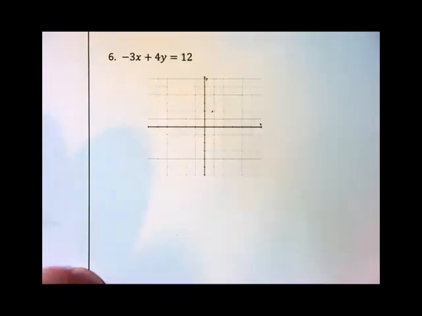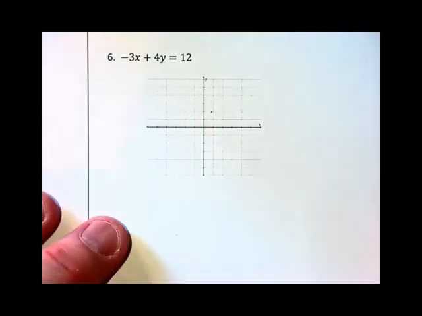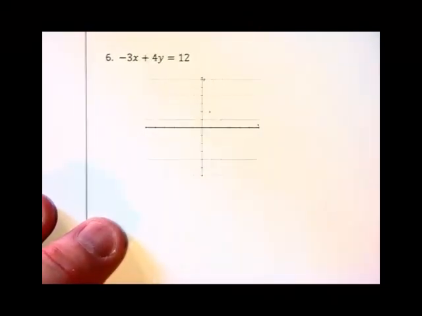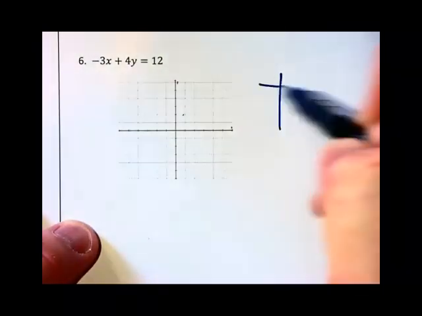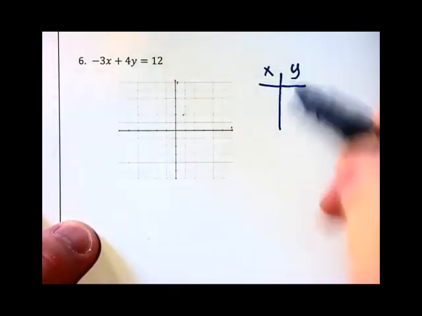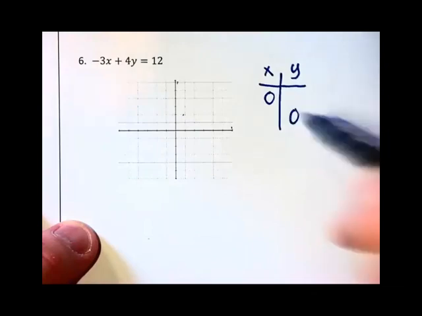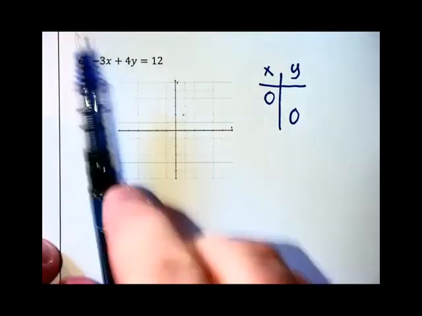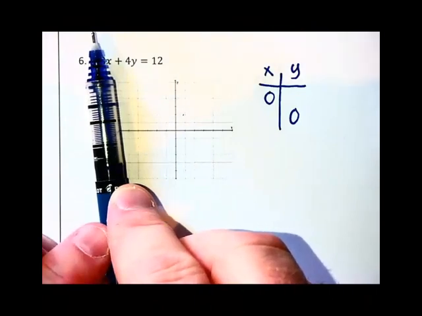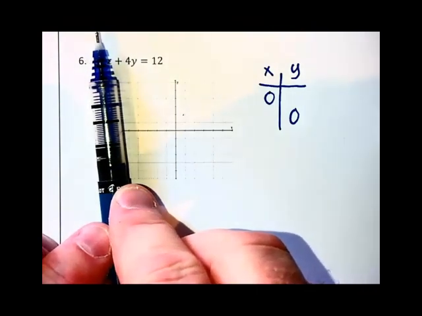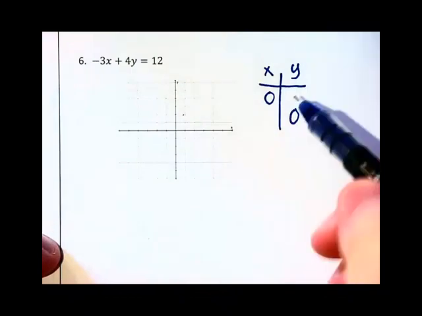Now, in problem number 6, we don't have our line in slope-intercept form. You really have 2 choices. Choice number 1, since it's in standard form, graph using the intercepts method. Personally, that's my choice. If we let x be 0, we have 4y equals 12, and dividing each side by 4, we get y equals 3.